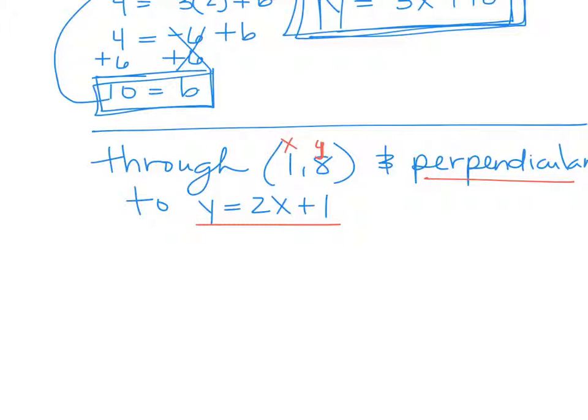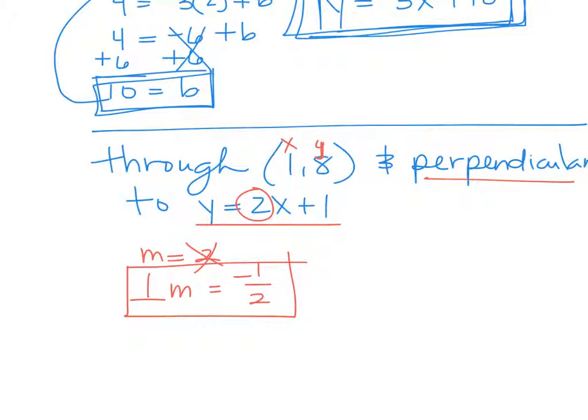Which is 2, right? So right now your slope is 2. We want the perpendicular slope, which is the opposite reciprocal. So if 2 is my slope, what's the opposite reciprocal of 2? Negative 1/2. Okay, so we're using this, not this, okay?